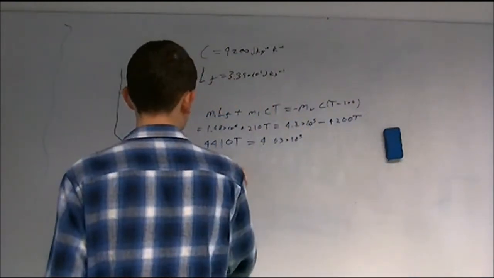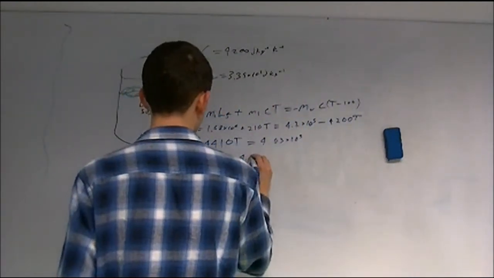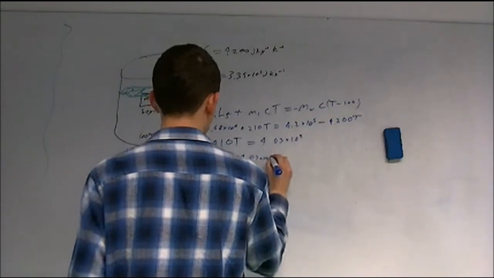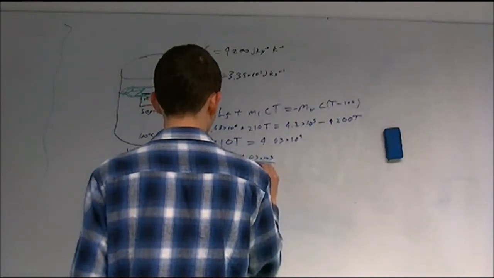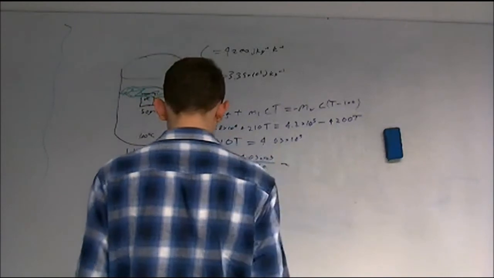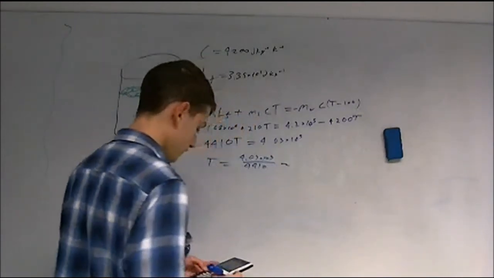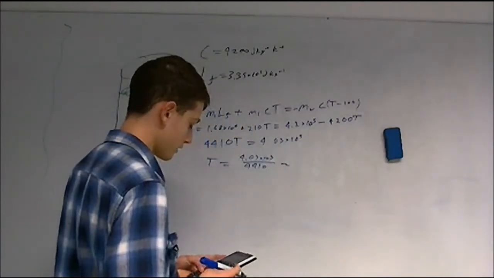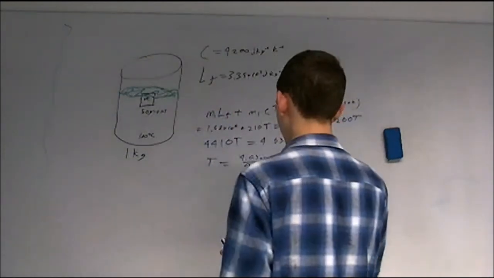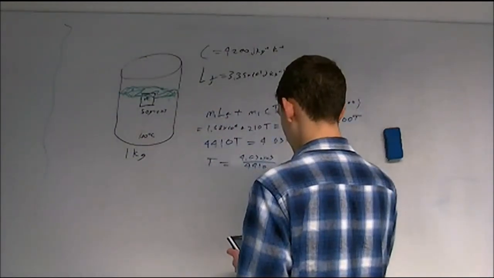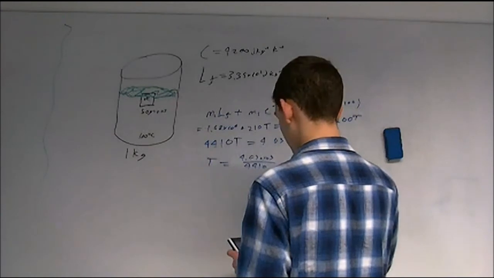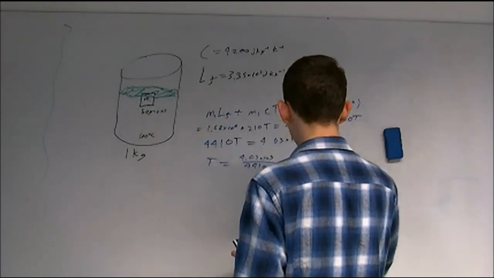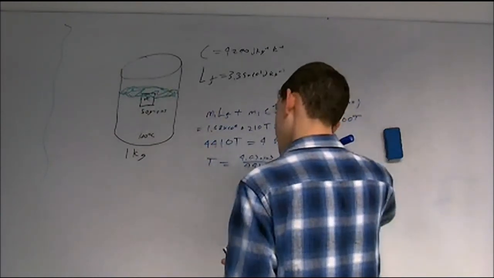So the final temperature is 4.03 times 10 to the 5 over 4410, which equals 91.4 degrees Celsius.